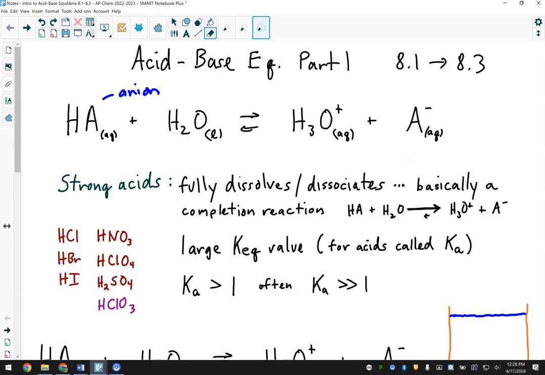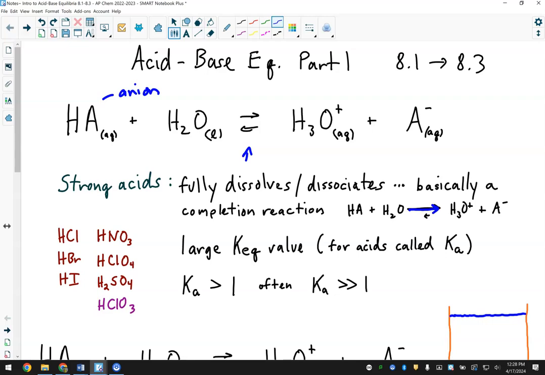And I wrote it down here. Here we have a double arrow up here, but you can see I wrote it over here. Remember what we were saying? Well, it turns out that most reactions are at least a little bit reversible, right? So I drew a tiny, tiny little reverse arrow there.